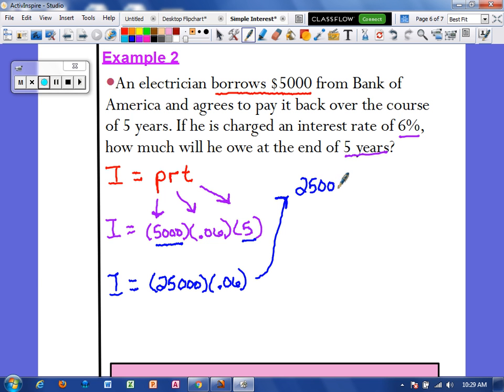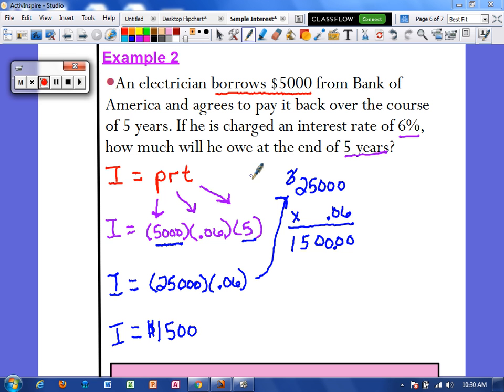So 25,000 times 0.06. We are going to have 3 zeros when we multiply that. 5 times 6 is 30. 2 times 6 is 12, plus 3 is 15. And we have 2 decimal places. So the simple interest on this loan would be $1,500.